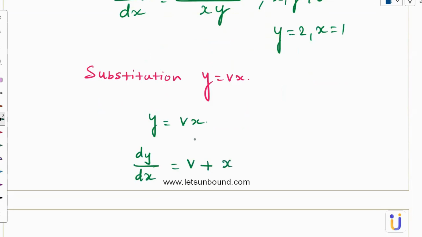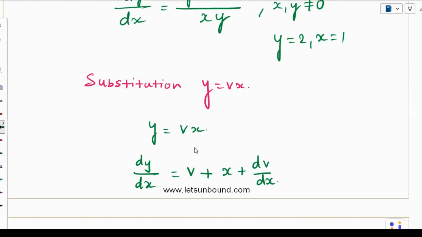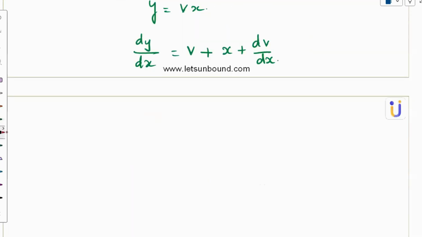Plus I keep the x as it is and differentiate v, which gives dv by dx. So v plus x dv by dx is equal to dy by dx.